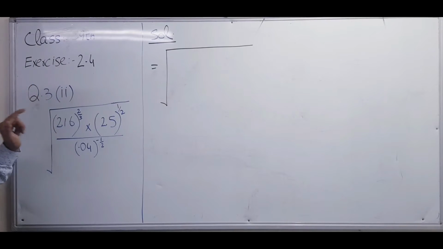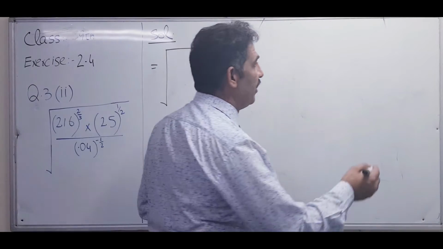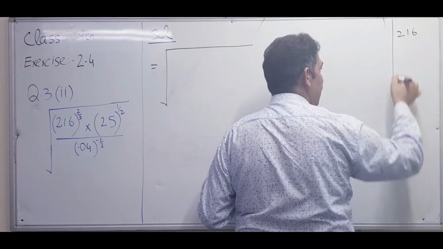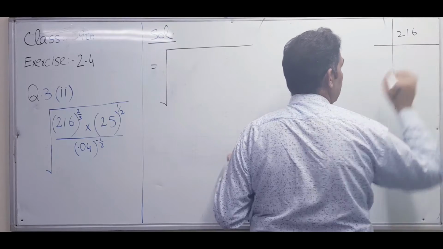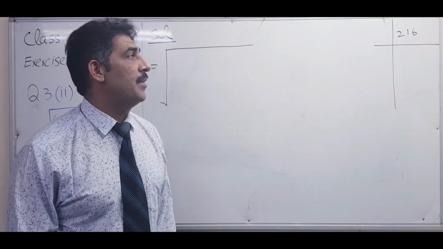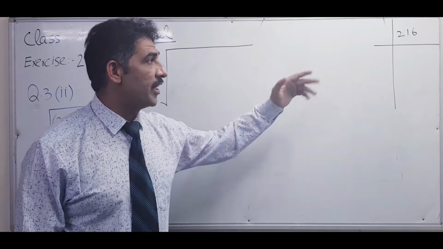216, when we make its factors, like the prime factorization method. It is divisible by 2 and also divisible by 3. So you have to make the factors.